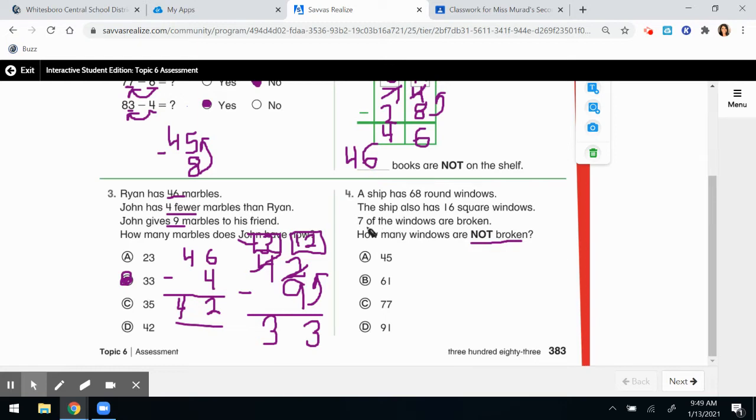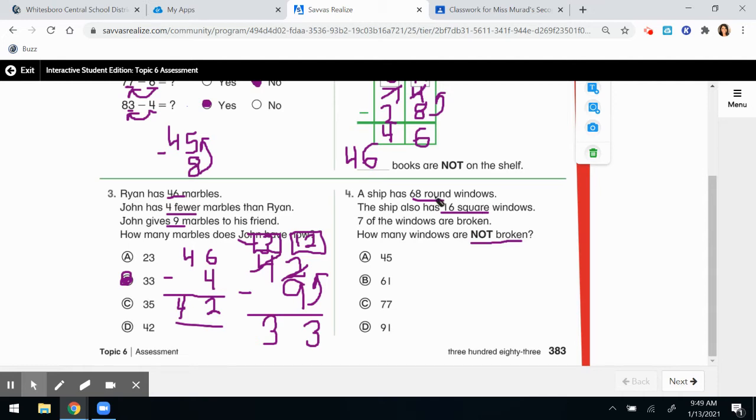I know 7 of them are, but let me think. Do I know how many windows I have altogether? Well, I know I have 68 round ones, and I know I have 16 square ones, but I don't know how many that is altogether.